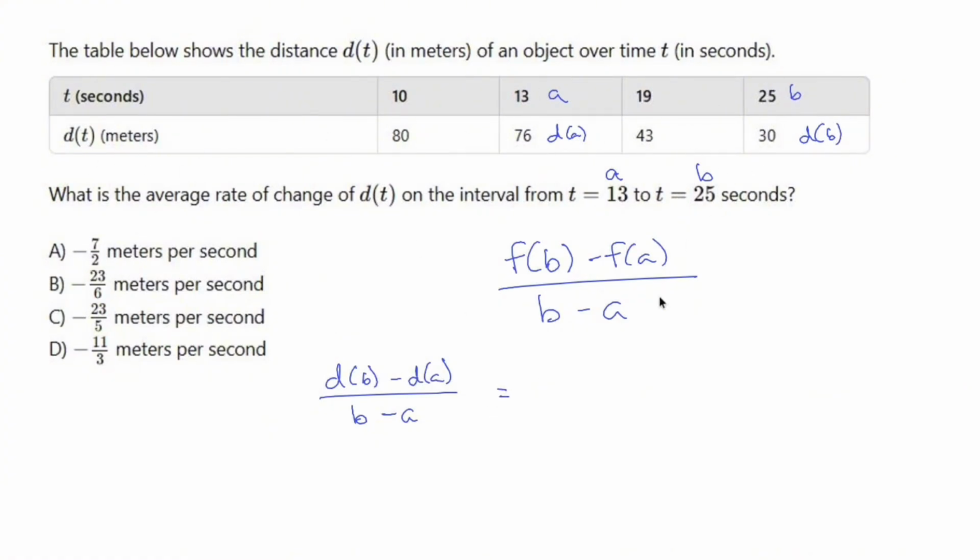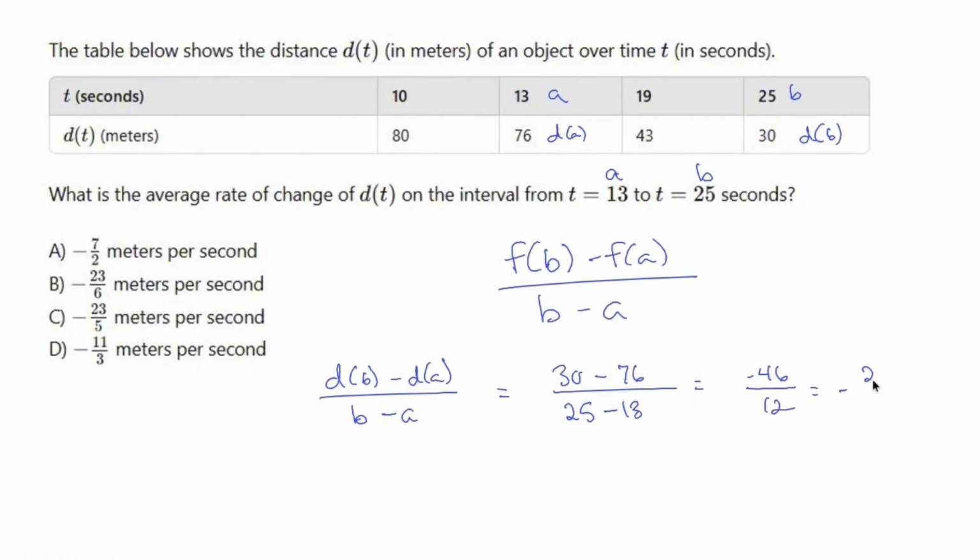So d of b is 30, minus d of a is 76, all over b, which is 25, minus a, which is 13. So what is that? -46 over 12, which simplifies since they're both divisible by 2.